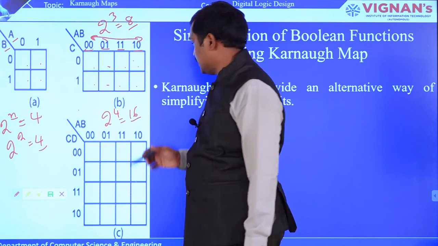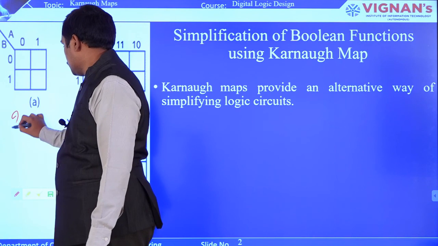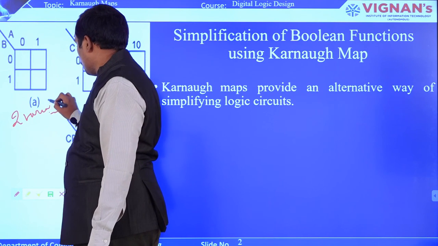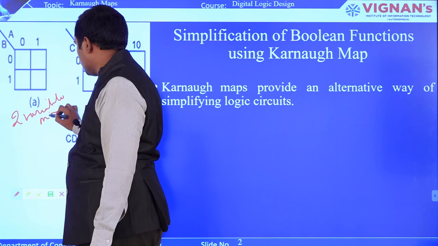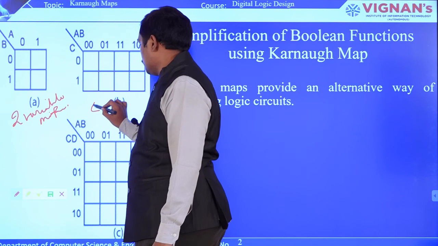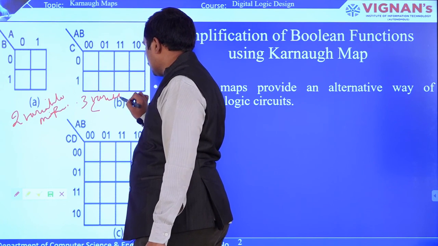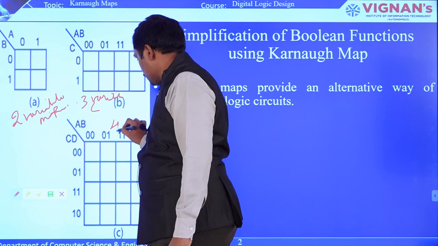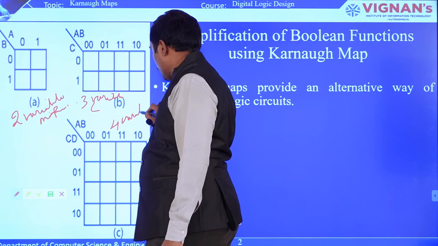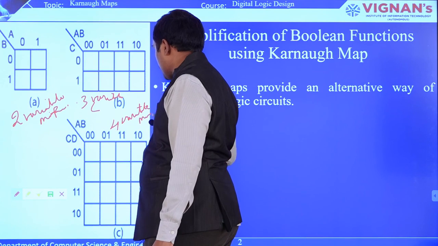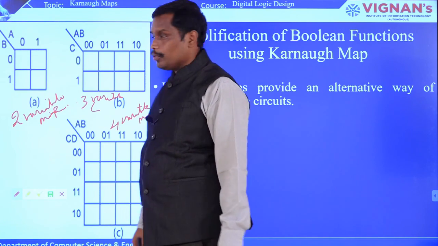We'll see in the later sessions. But this is the 2 variable map, and this is for 3 variable map, and this is for 4 variable map. Okay, so this is how you are going to draw.